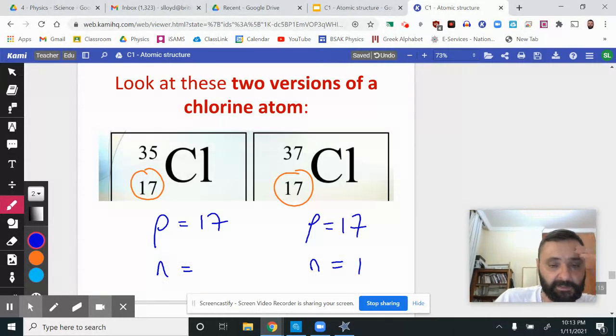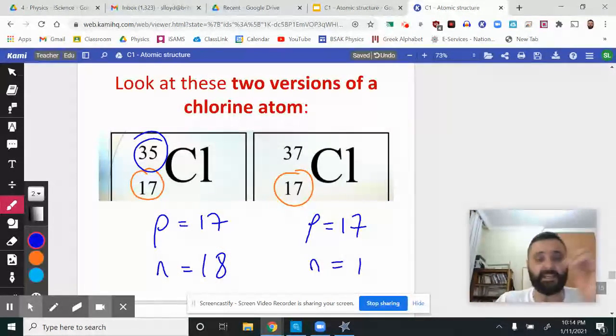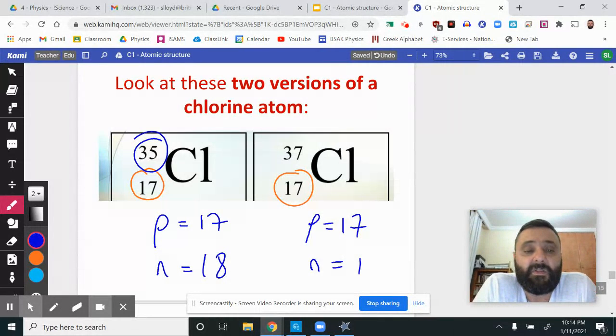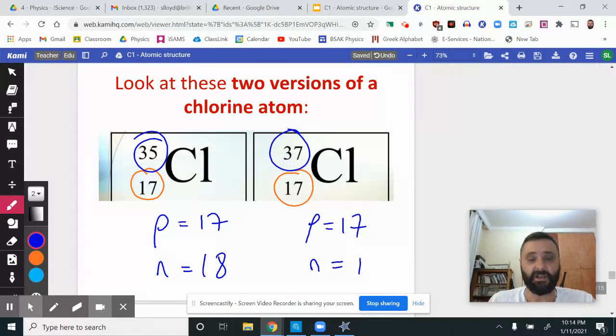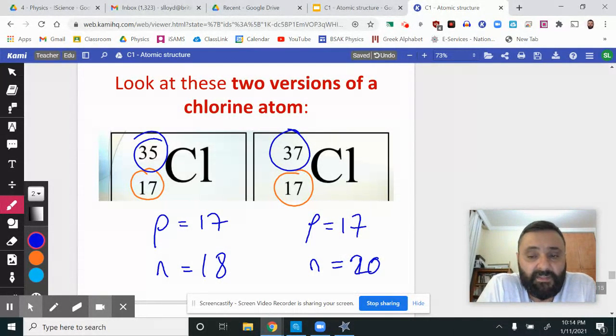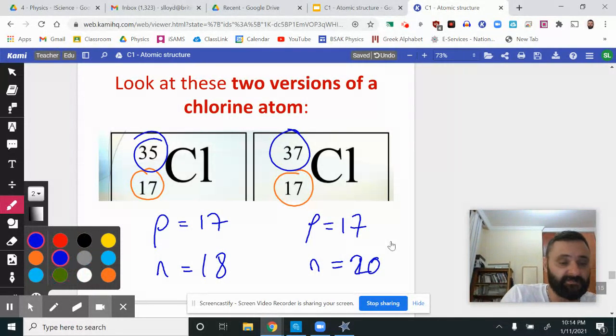The one on the left has 35 as the mass number, so that's protons plus neutrons. 35 minus 17 is 18, so there are 18 neutrons in the isotope on the left. On the right, we've got 37 as our mass number, so 37 minus 17 is 20. So there are 20 neutrons in the isotope on the right, and 18 in the one on the left.